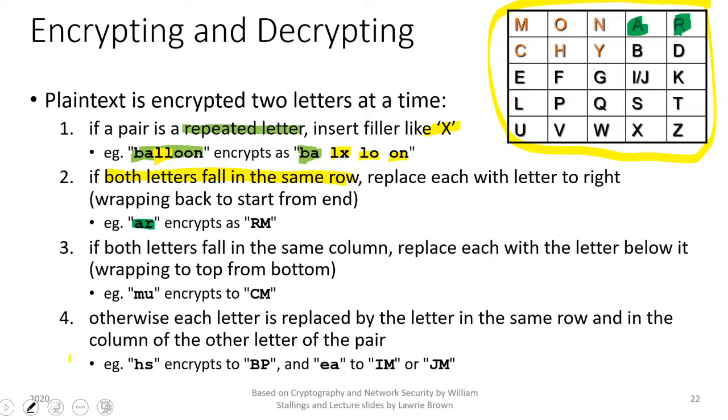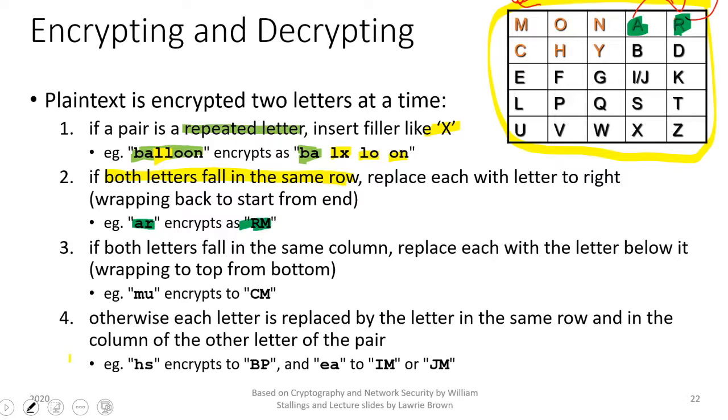In that situation, we shift each letter one place over, wrapping back to the start. So A becomes R and R becomes M. Our encryption is RM.